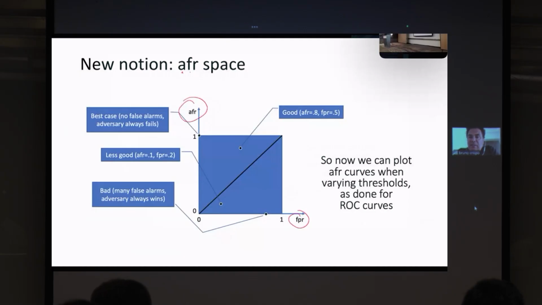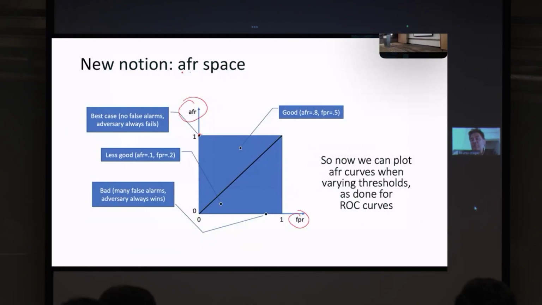And again, this is a perfect case, a perfect defense against an adversarial attack, because this is the case where the adversary never managed to select an anomaly that gets undetected. Well, this is bad for the defender because there are false alarms and the adversary always wins.